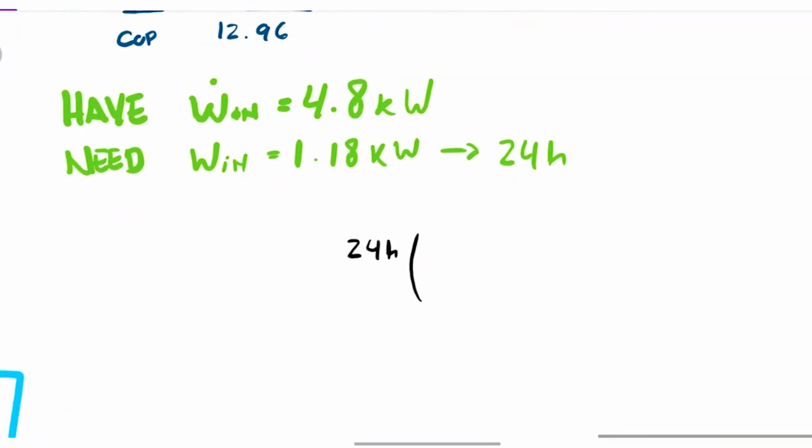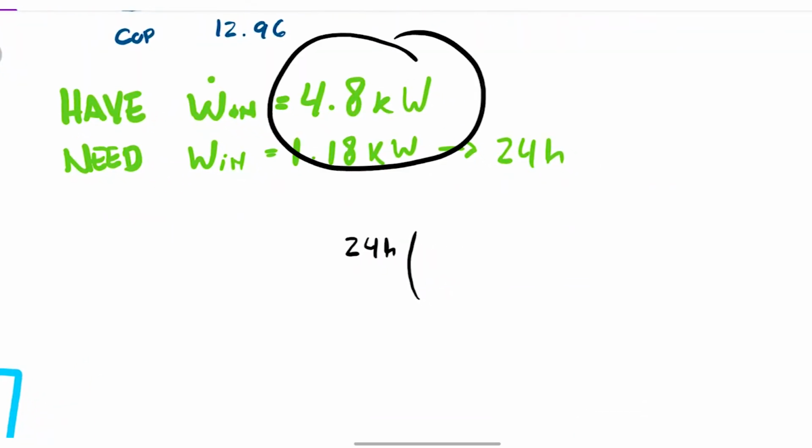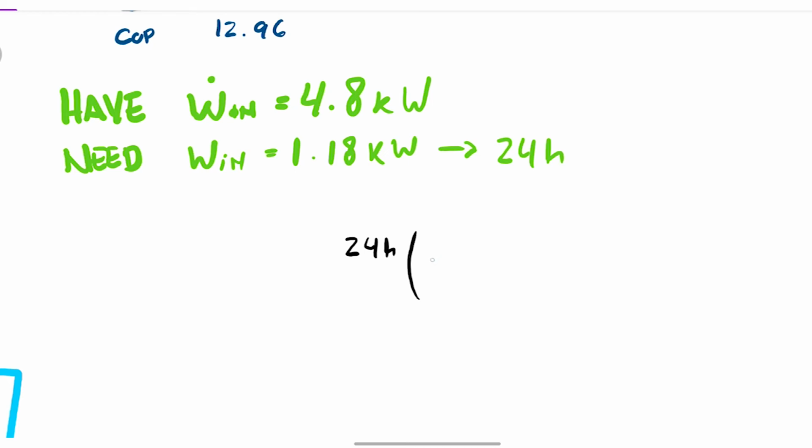If it were 4 exactly, then it would be just a quarter of a day, which is exactly 6 hours. Because it's a bit lower, it's going to be a bit less than 6 hours, right? So this is 1.18 over here, and we're dividing that by 4.8. Both of them are kilowatts, so they go away.